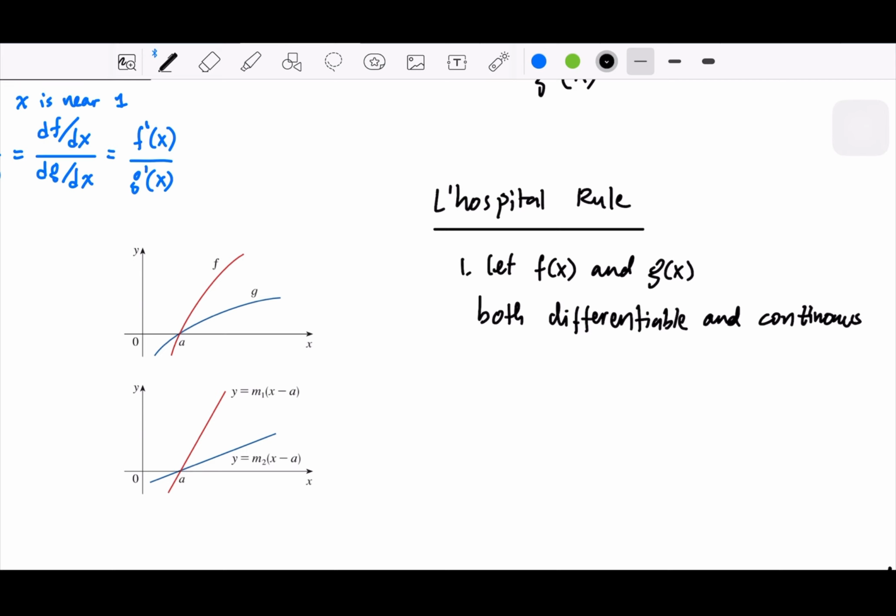And two, at x equal to a, f of a is equal to g of a is equal to 0. Three, g prime a should not be equal to 0.